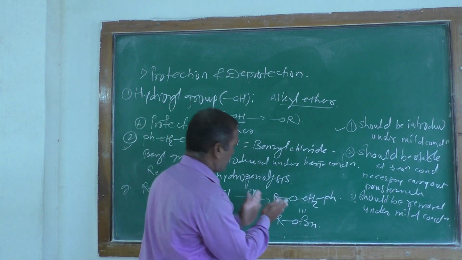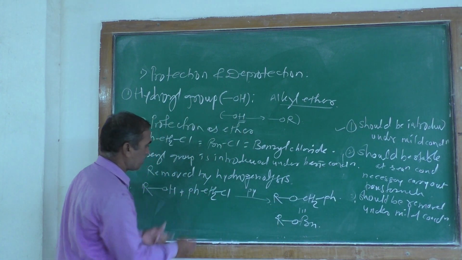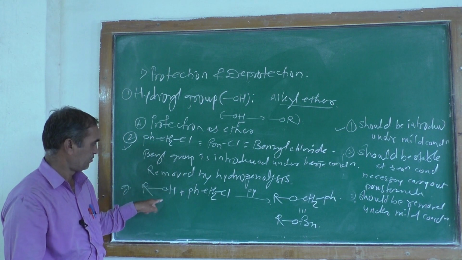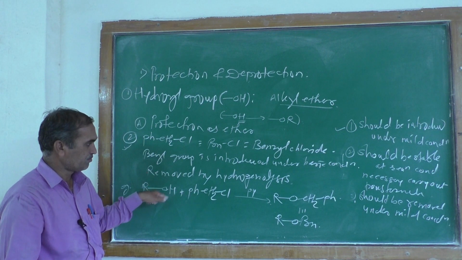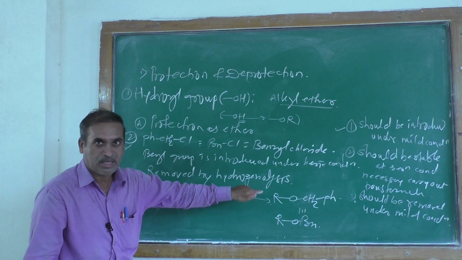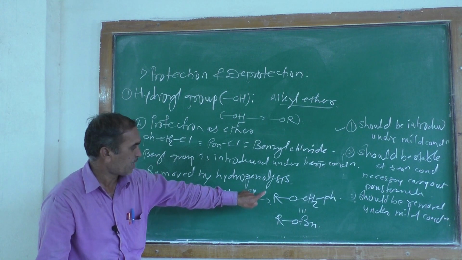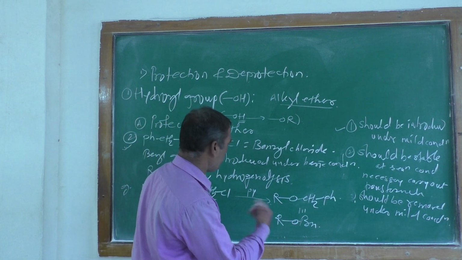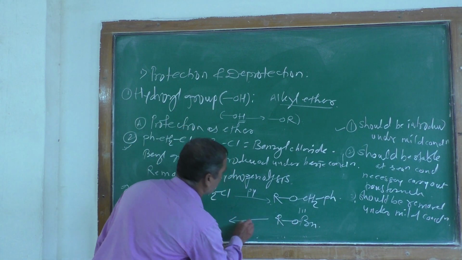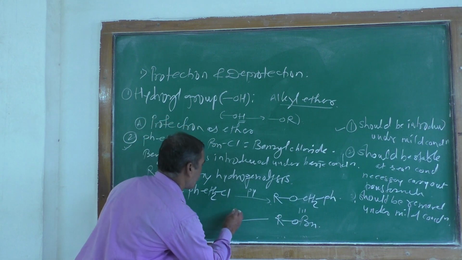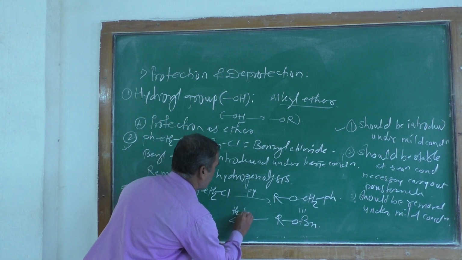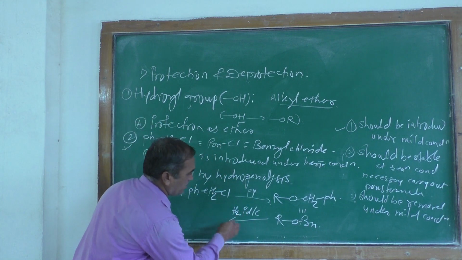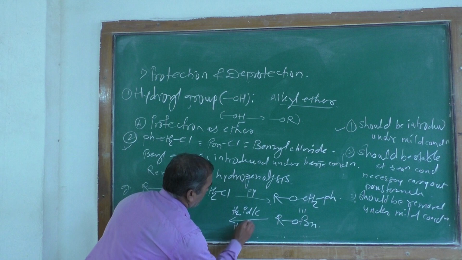So what we did here is introduce the benzyl group under mild basic condition. The second step is removal of this group just by hydrogenolysis, meaning H2, palladium in the presence of charcoal. This is known as hydrogenolysis.